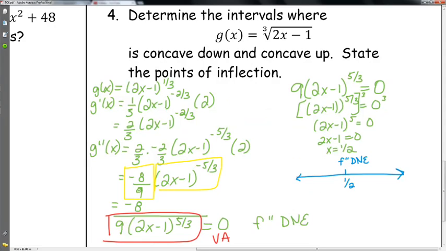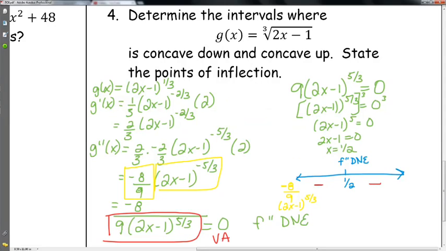So my list of factors, I have negative 8 over 9. And my other factor is (2x minus 1) to the 5/3. Okay, again, that was my denominator. I'm just putting it in denominator form. So negative 8/9 is always going to be negative.